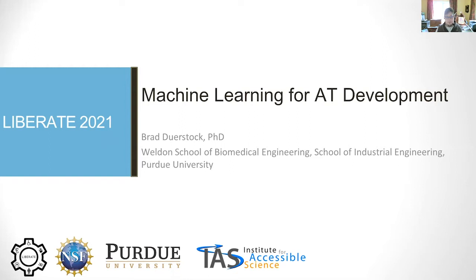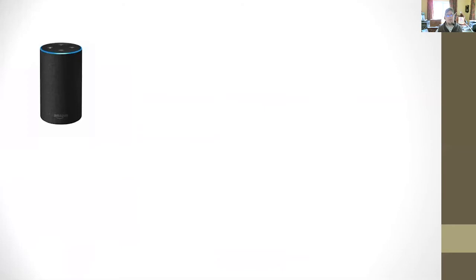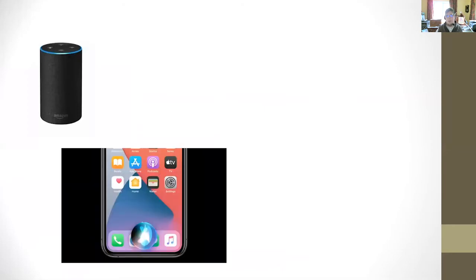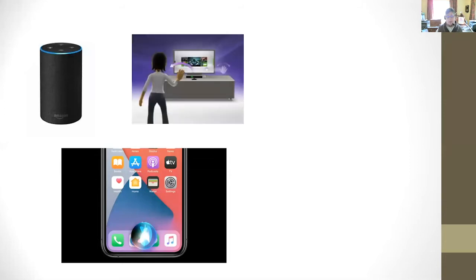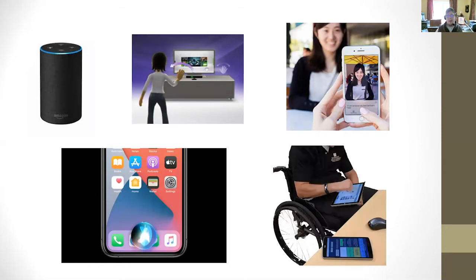broaden this field. Right now, there are several technologies that have been incorporating machine learning for some time that have been very beneficial to people with disabilities. First is the Amazon Alexa that uses natural language processing to allow us to more intuitively or naturally communicate with Alexa instead of using specific command words.